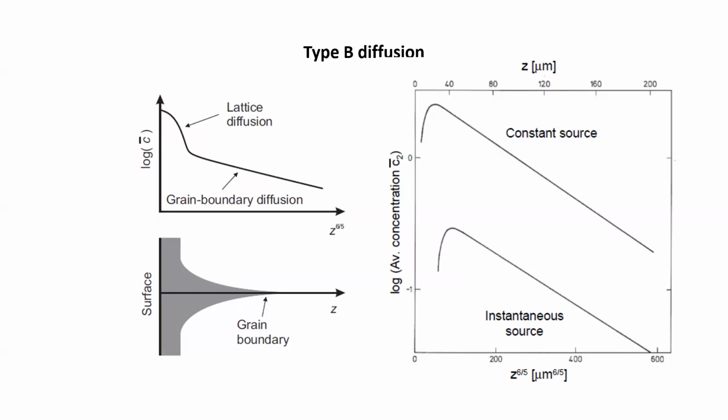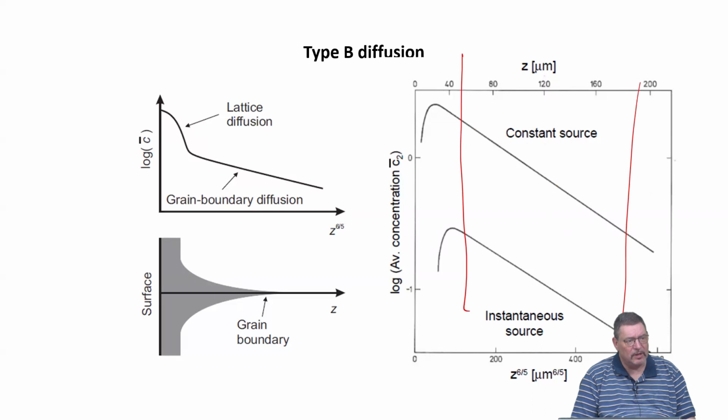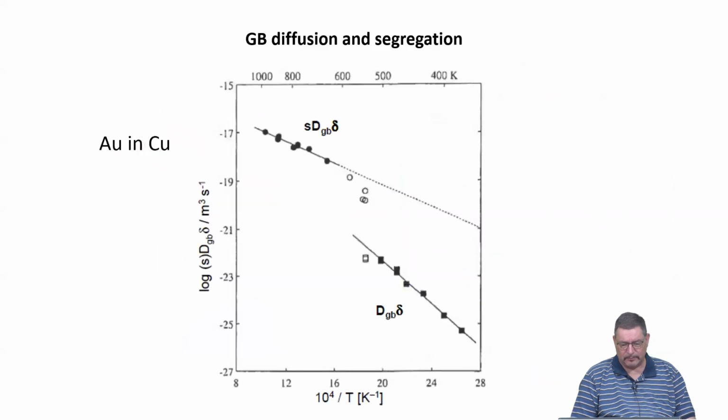But if we just look at the solution for the B-type diffusion regime, we see that although there is a difference in the magnitude of the calculation, the trend with Z, which is the important quantity for calculating the diffusion coefficient from the slope, will be the same. So there is no difficulty.